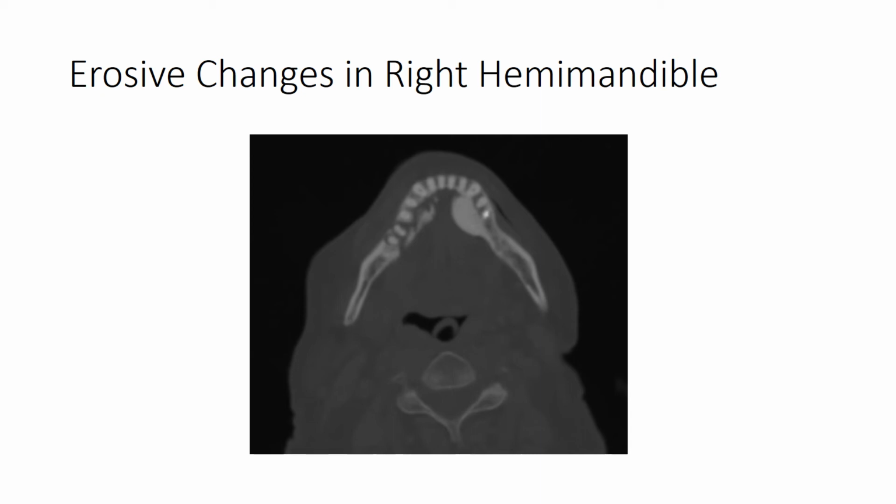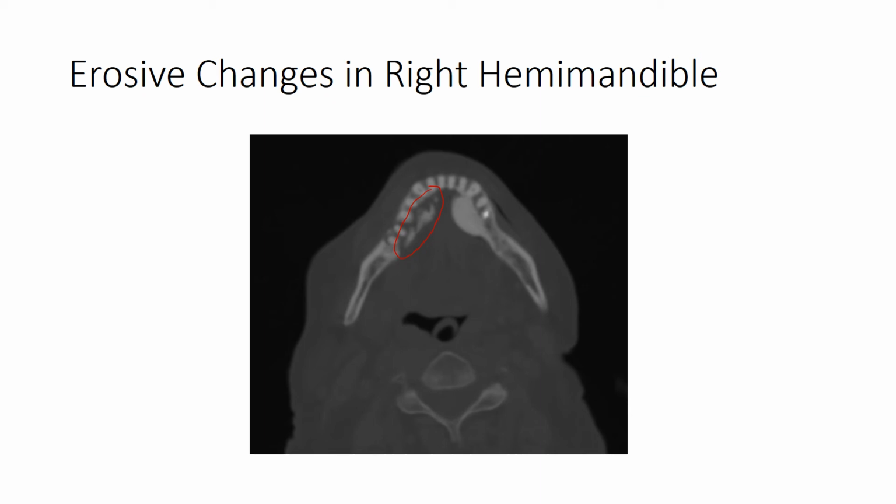So you can see right where his mandibular torus used to be, you have this eroded appearance with what looks like sequestra, pieces of bone that are not attached to the rest of the mandible. This is unequivocally an aggressive process.